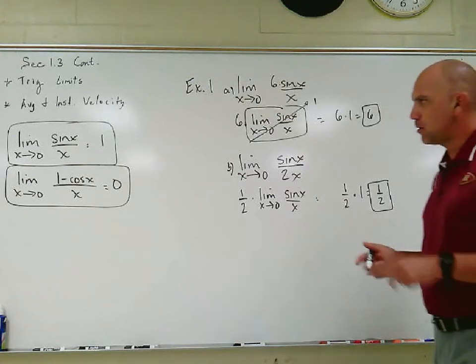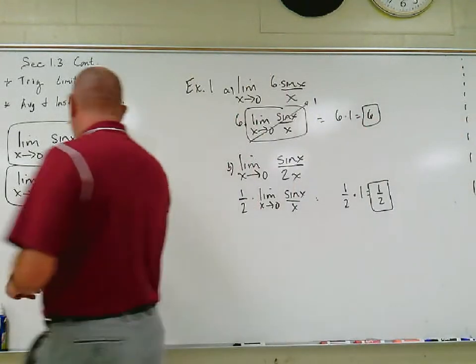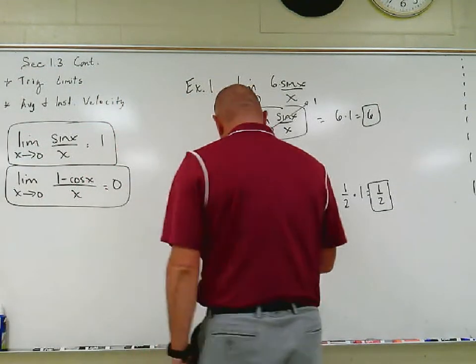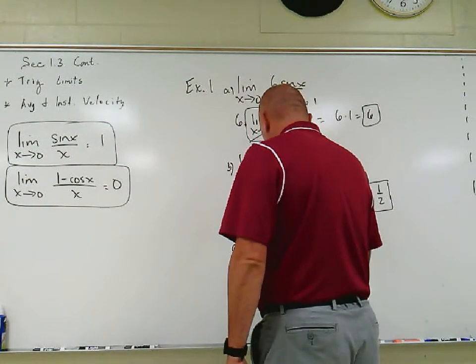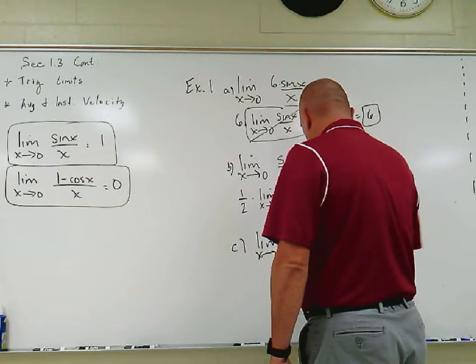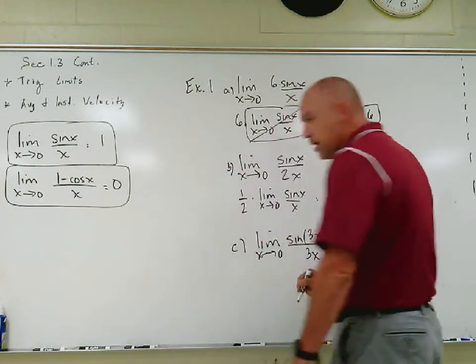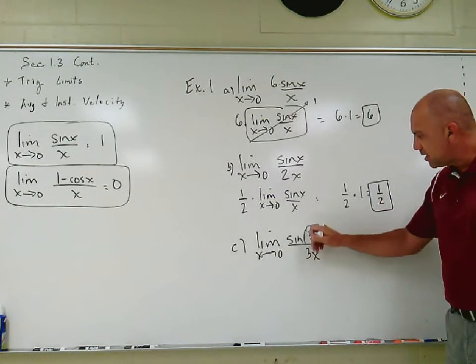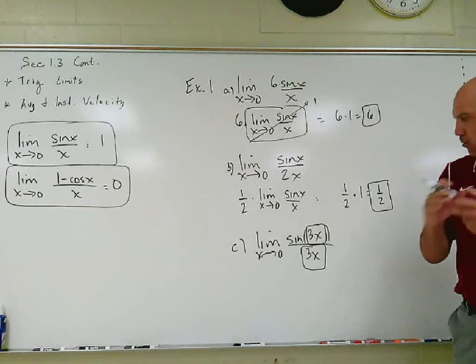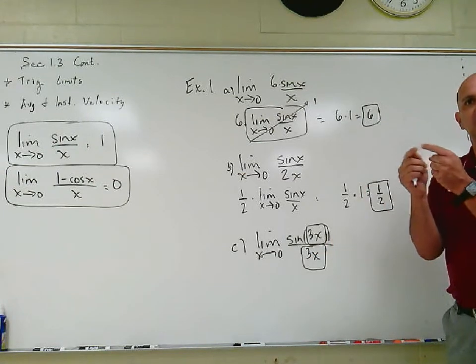All right, now I'm going to upgrade this formula here. If, for instance, you have this problem, let me make sure that we're clear on this. As long as the inside and the bottom both approach 0, because they're going to approach 0 at the same rate.